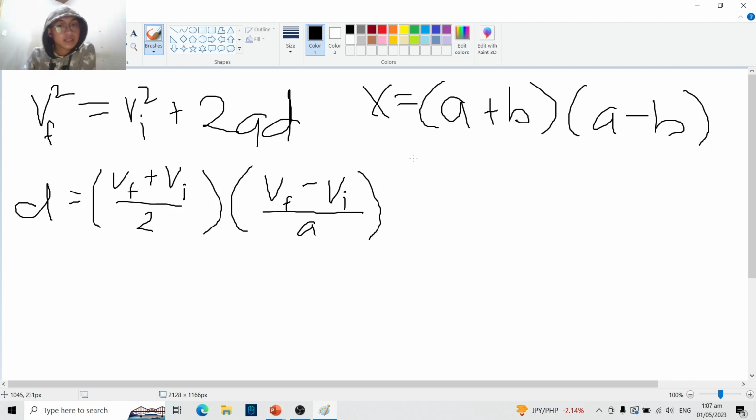The answer to this is automatically a squared minus b squared. If you remember the lesson, good; if not, at least you can use it in your math later.